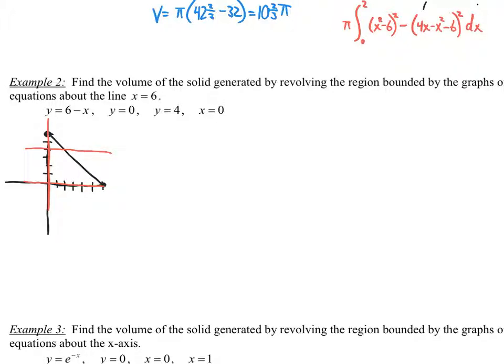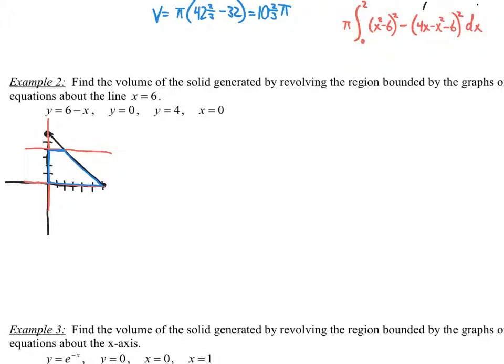Okay? So notice the region that we're dealing with. We're dealing with this trapezoid looking thing right here. And we're going to revolve this around the line x equals 6.